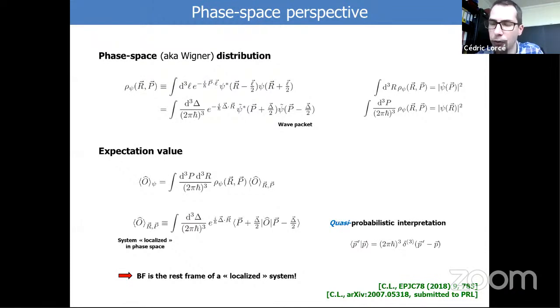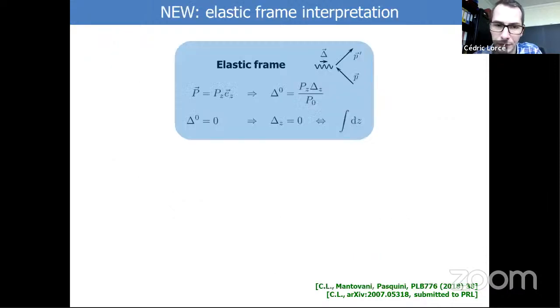You have no information about where the system is. If you want information on both, having the system somewhere and basically at rest, the best compromise is given by the Breit frame. So in this sense, the old results in the Breit frame you do not need to correct for boosting back to the rest frame, because it is already the rest frame, but now of a localized system from the point of view of phase space.